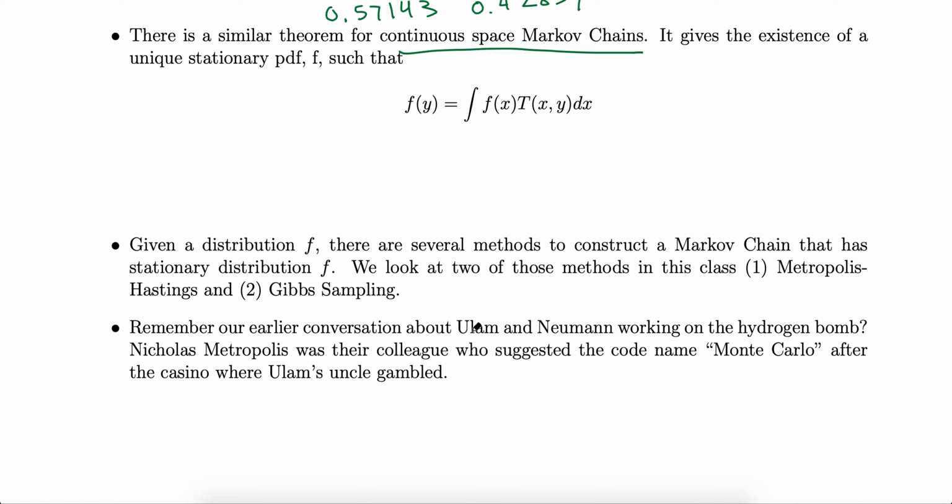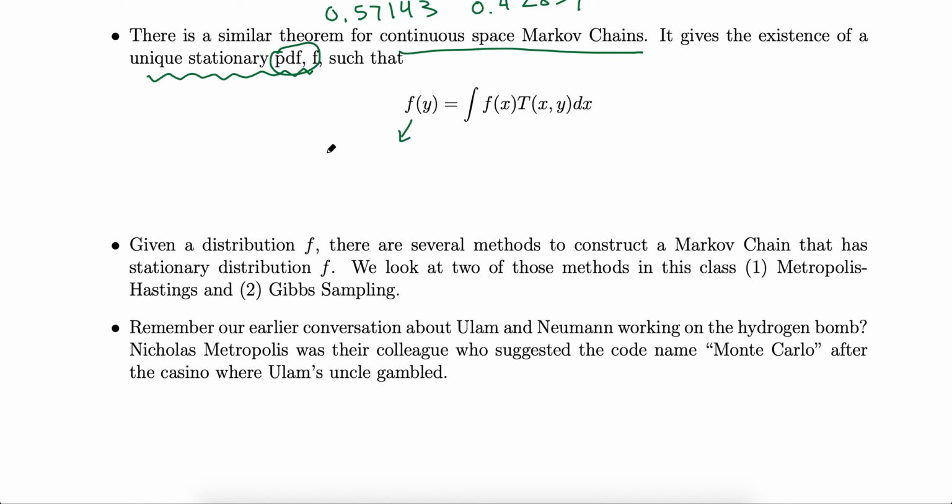But if you translate all those ideas over to continuous space Markov chains, we have the same theorem, and it gives the existence of a unique stationary distribution, F, and this distribution is a PDF now. So instead of a vector of discrete points, now we have a PDF, F, and instead of a system of equations, we've got our expression here.